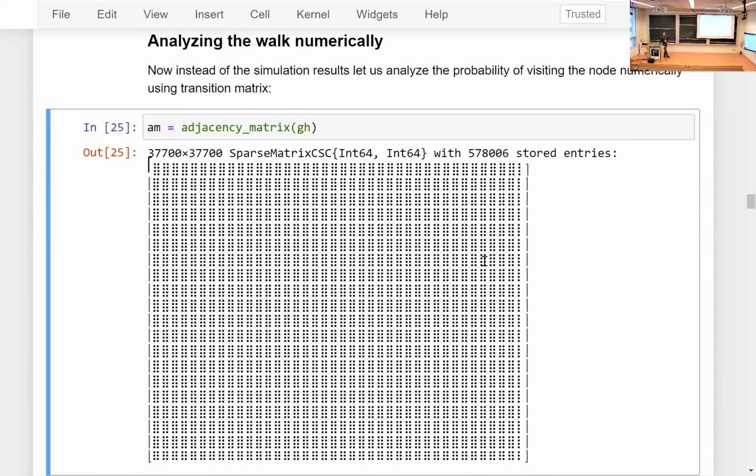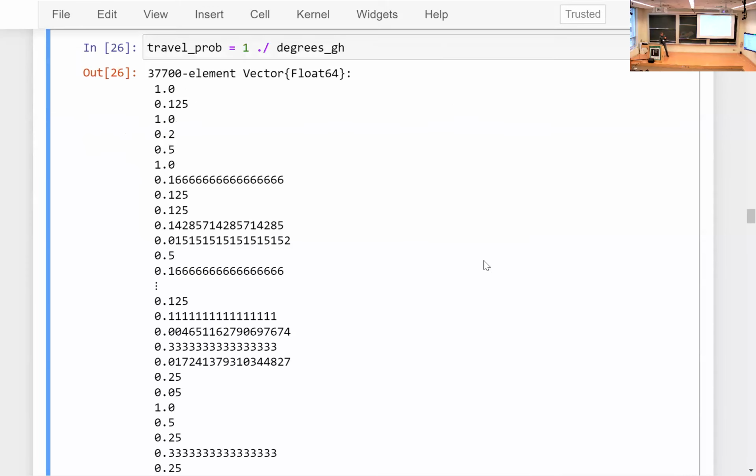The reason why I need a normal matrix, not only the upper triangular matrix, is because now I will want to use this adjacency matrix to encode my walk. And when I encode my walk, this matrix will become non-symmetric in a minute. Why? Because the adjacency matrix tells me who is connected to whom.